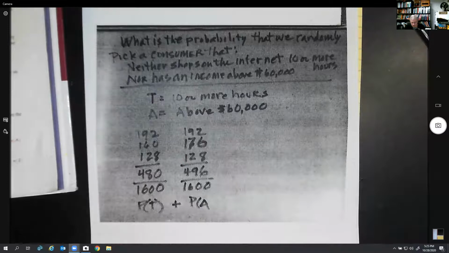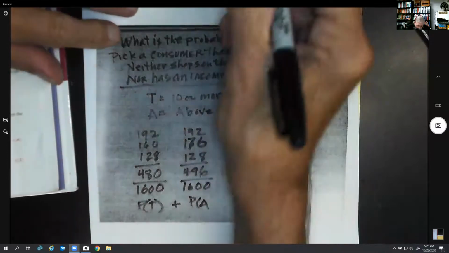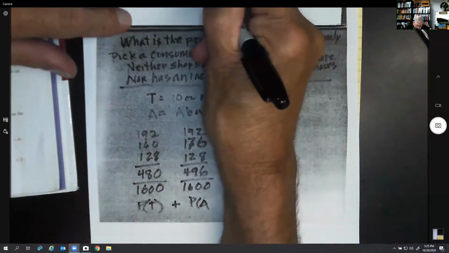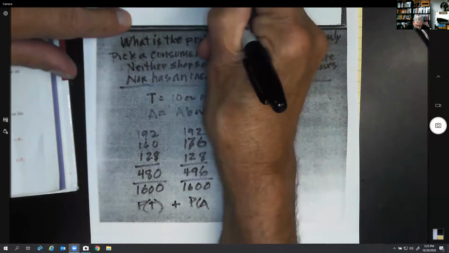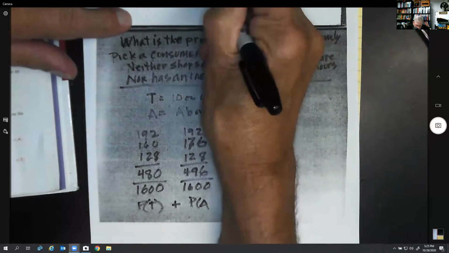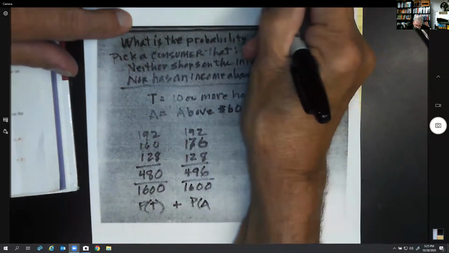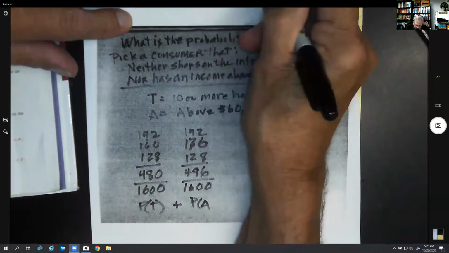But we want to know where is the duplication. So this person right here earns more than 60,000 and spends 10 or more hours on the computer. They're doing both. This person doesn't qualify, although these numbers were the same.